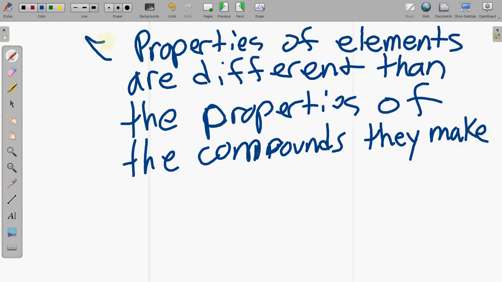All right. Important takeaway. Properties of an element are different than the properties of the compounds they make up.